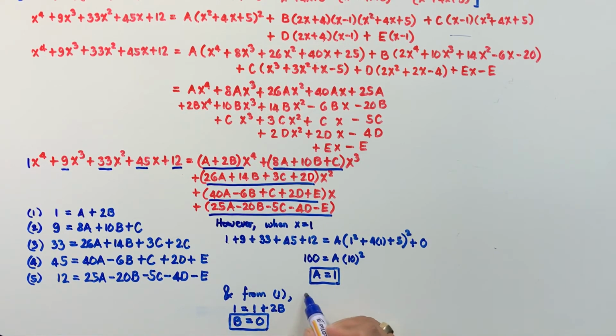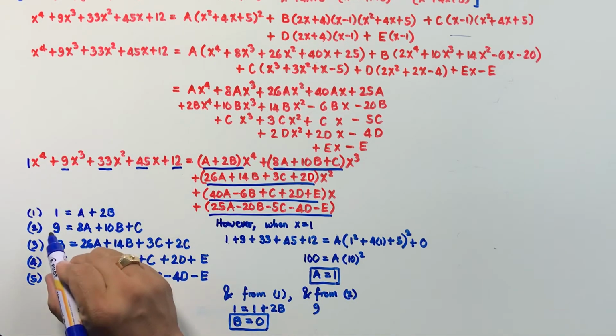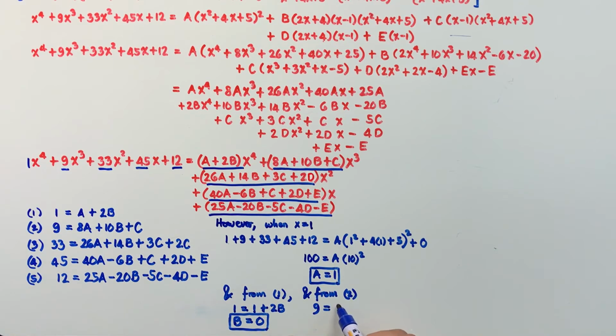And also from equation 2, we have 9, which is equal to 8 times a, which is 1, plus 10 times b, which is 0, plus c. So 9, which is equal to 8 plus c, then c is 1.